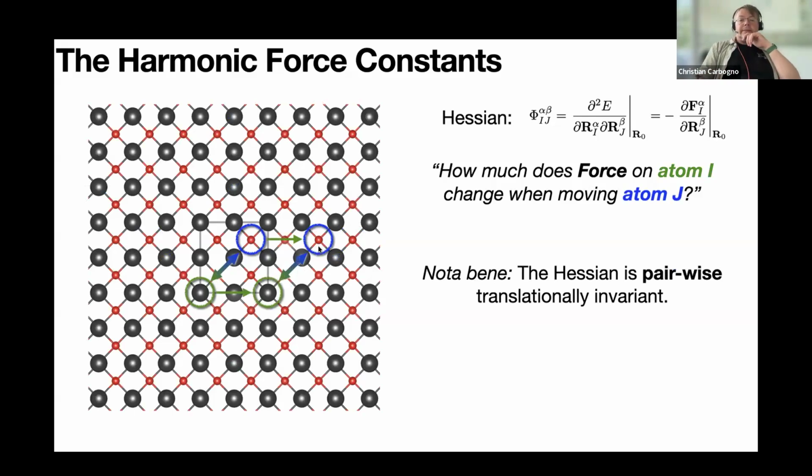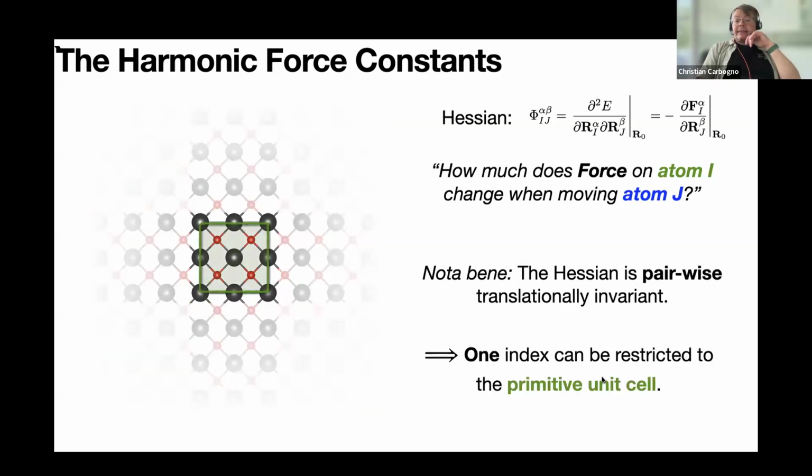When moving this atom, the force acting on that will be the same as the force acting on that when I move this atom. This is helpful, because we can then restrict one index of this Hessian to one unit cell. So let's say the first one, the green atom, we only need to know what happens here. What are the forces acting on these atoms? We're not interested in the others because we can construct them.